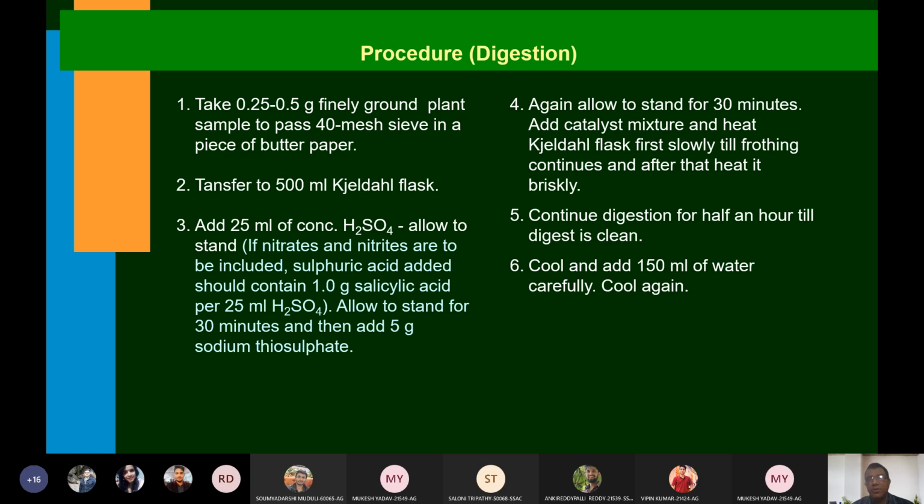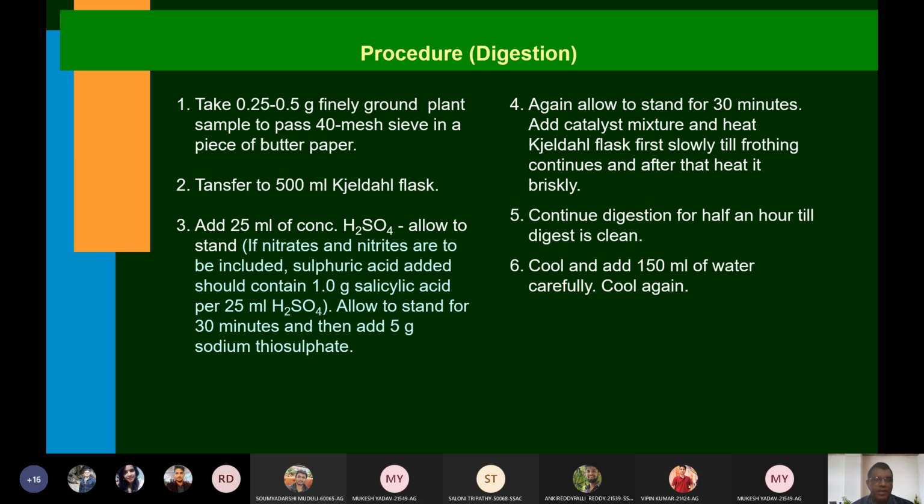In inorganic nitrogen, you have ammonium, the ammoniacal form, and the nitrate form. This nitrate needs to be converted into ammonium. So to convert this nitrate into ammonium, you need two chemicals, sodium thiosulfate and salicylic acid.